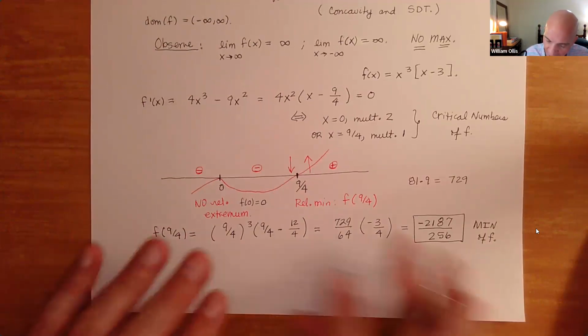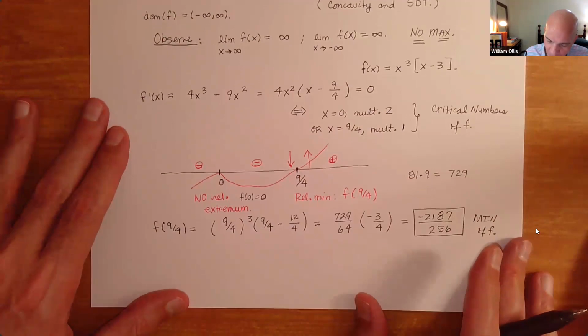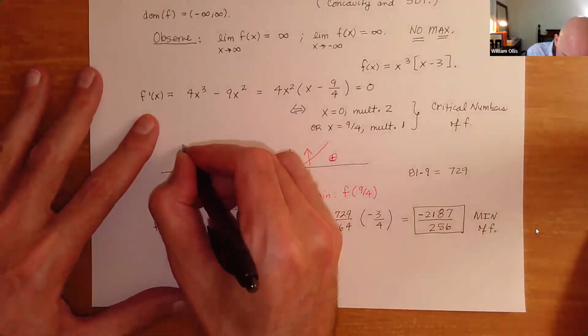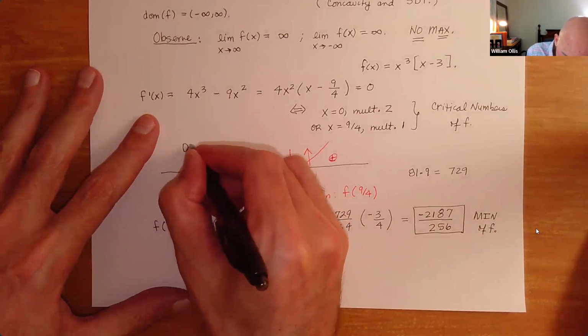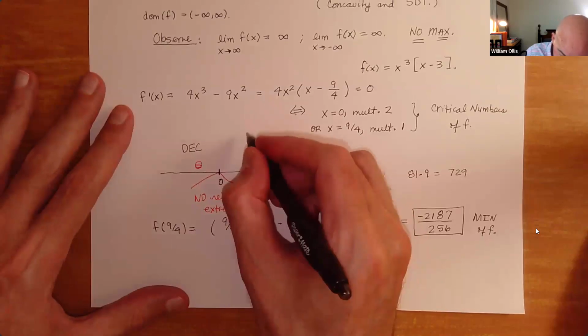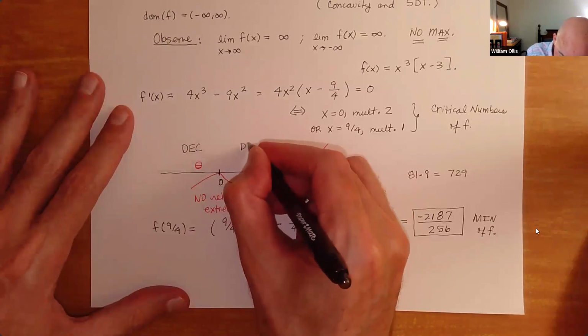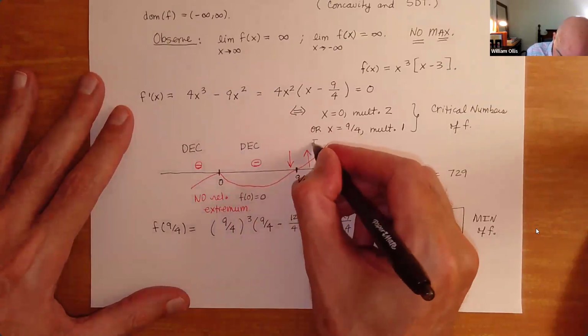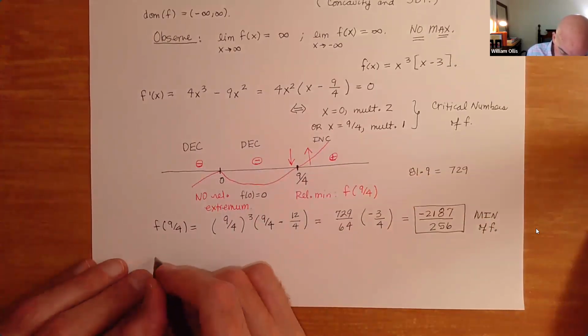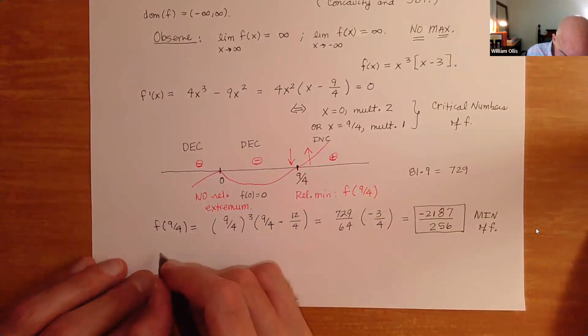So now, and of course, if you think about this, as I've written here, let's just go ahead and say the function will decrease here on this open interval. If we just do open intervals, decrease, and then increase. So we can just go ahead and categorize all of this. So we have decreasing.